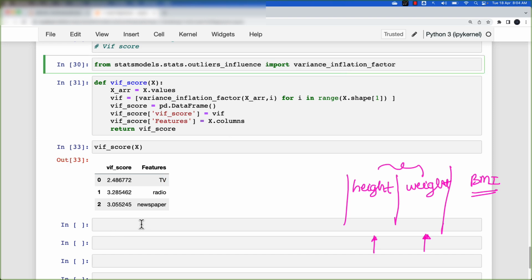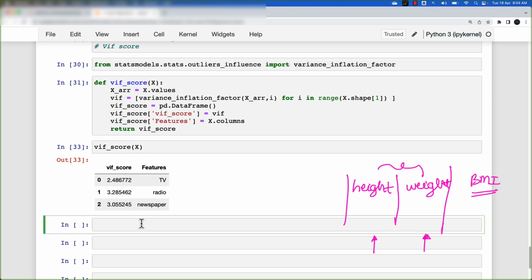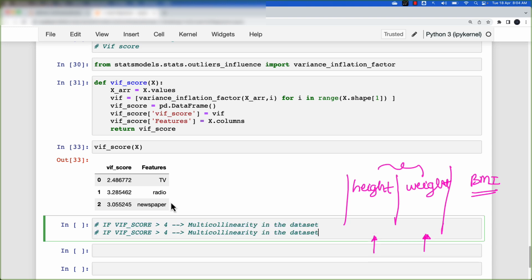The way that we interpret it is, the general rule of thumb, if the VIF score is greater than 4, then that means there is multicollinearity in the data set. If the VIF score is less than 4, there is no significant multicollinearity in this data set.